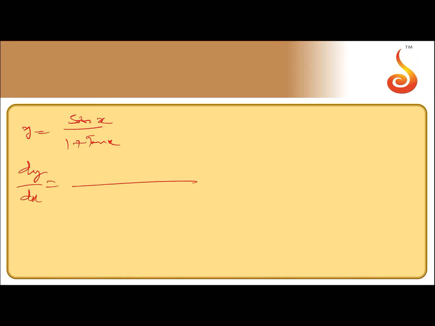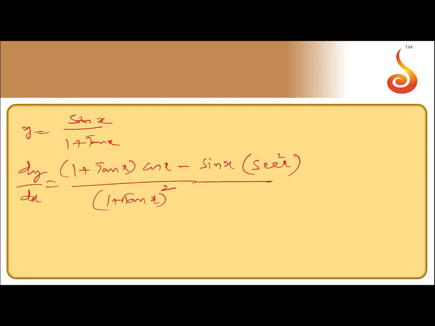The derivative dy by dx is equal to (1 plus tan x) taken whole square in the denominator. In the numerator, 1 plus tan x multiplied by the derivative of sin x, which is cos x, minus sin x multiplied by the derivative of 1 plus tan x, secant square x. Secant square x can be replaced by 1 plus tan square x.